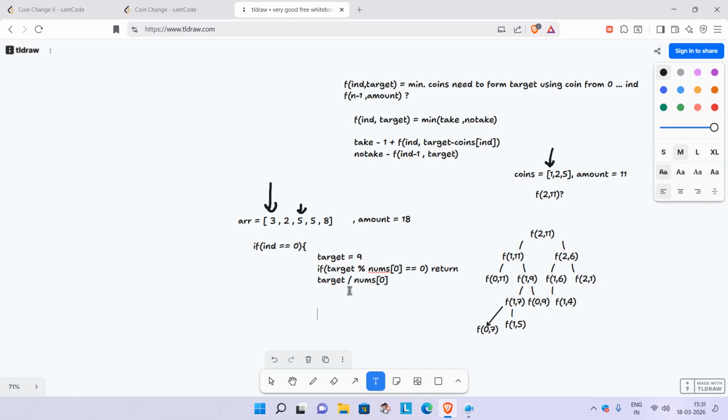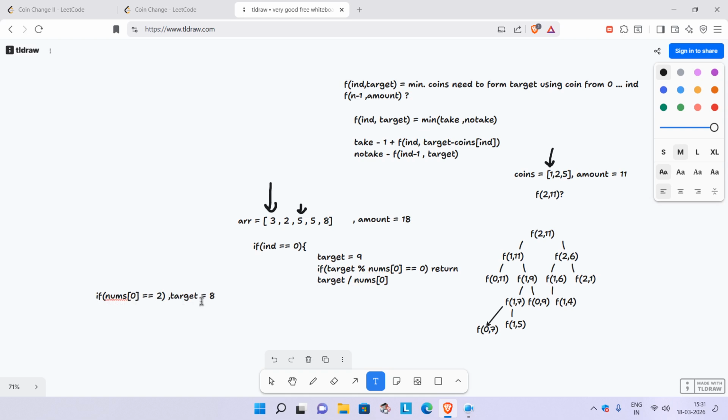Let's say our nums[0] is 2 and the target is 8. Can we meet this requirement? Yes, we can.